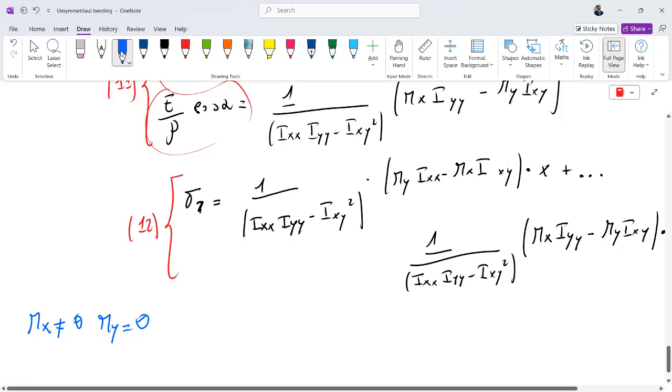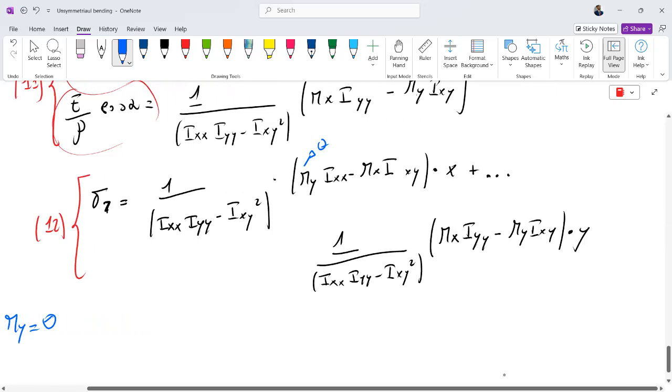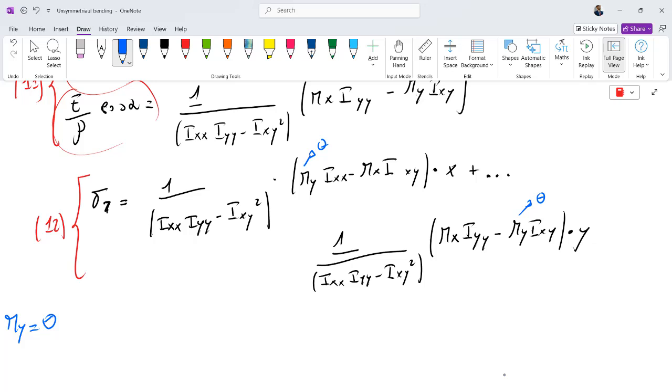So if I put this quantity here, everywhere My appears, now My here is 0 and here is 0. Clearly, if I have a symmetric bending moment, I have only one direction where I must calculate sigma z, and it is the y direction on the vertical plane.